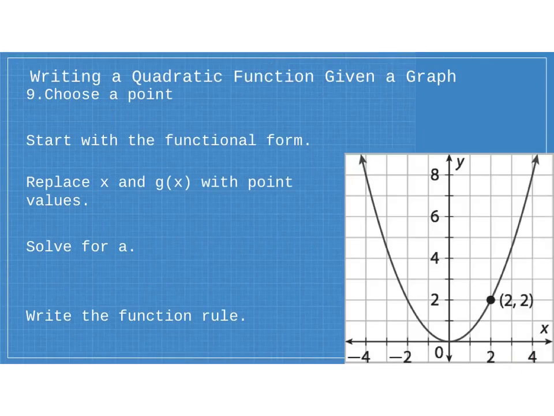All right, next thing we're going to be doing is writing an equation given a graph. So we're going to start with y equals ax squared. We want to pick a point. In this case, we'll use this point 2, 2. And so substituting that in, we get 2 equals a times 2 squared.